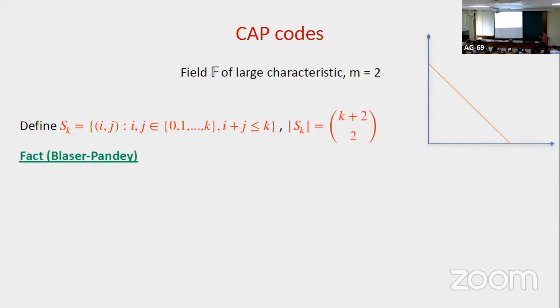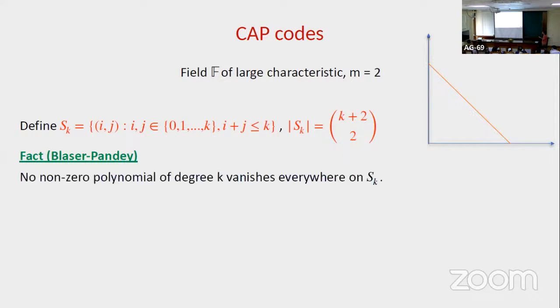Something that Blaser and Pandey showed about 7 or 8 years back is that no non-zero polynomial of degree k can vanish entirely on S_k. And in fact, something more is true. The set of points is what is called an interpolating set for such polynomials. If you know what that means, that's good. If you don't, that's okay. I don't intend to say more.